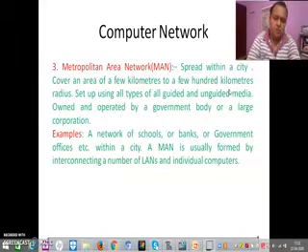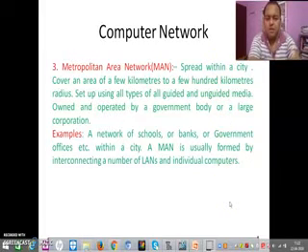Now let me move to the next part, which is the metropolitan area network, known as MAN. This is not human being, friends. This is metropolitan area network. Now it's spread within a city. It means if we have to connect far beyond the range of a LAN, then we will use MAN. It covers a few kilometers to a few hundred kilometers of radius.